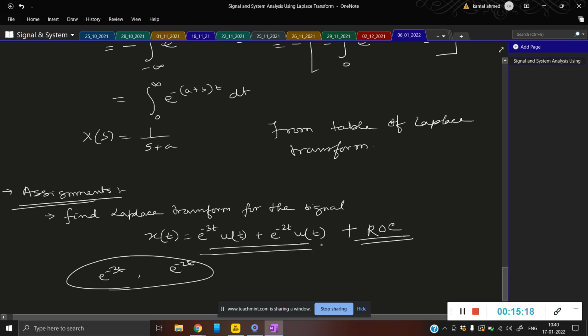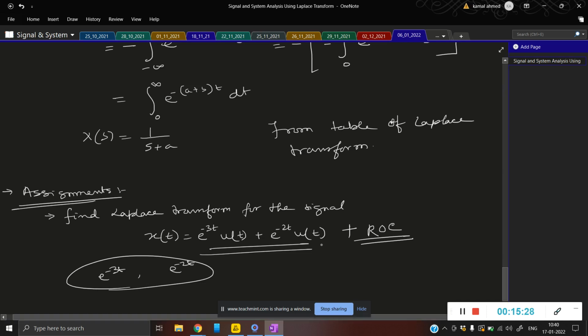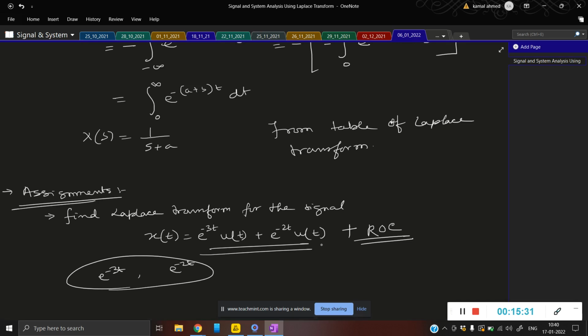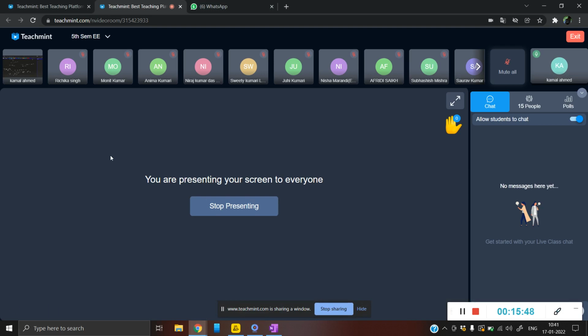Anyone, tell me. Is the signal a left-sided signal or a right-sided signal?